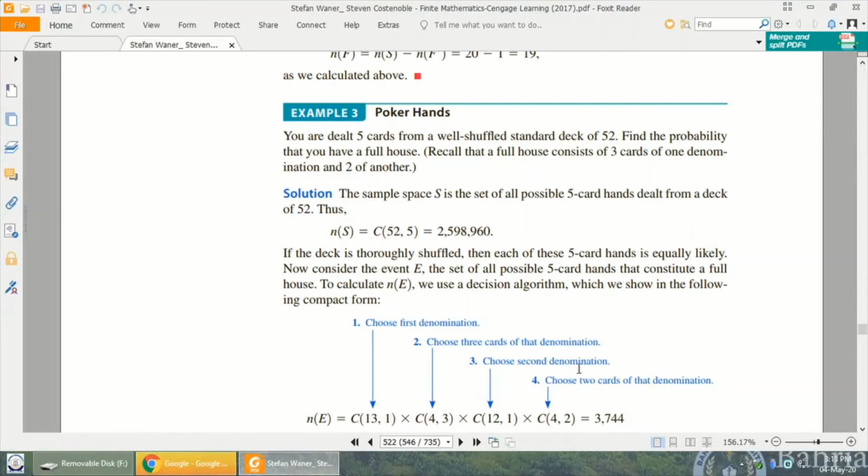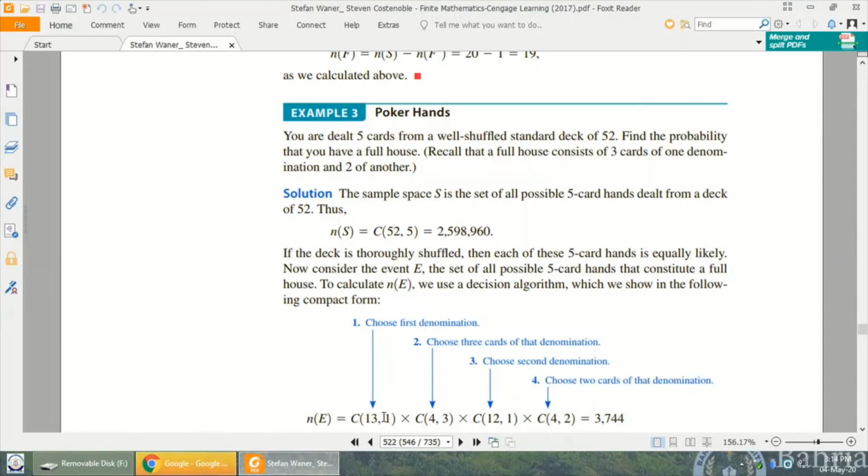Then we have the second round of denomination. Since we have already chosen the first time around, the second time around would be 12, because the second round of denomination has 1 less, as we have chosen 1 denomination.